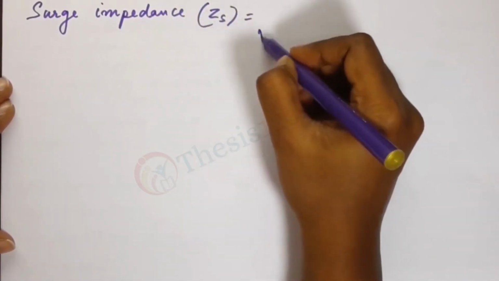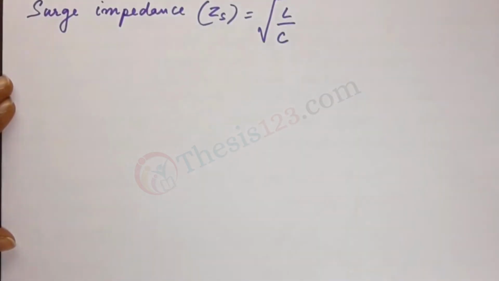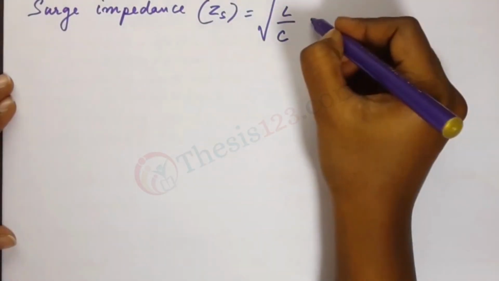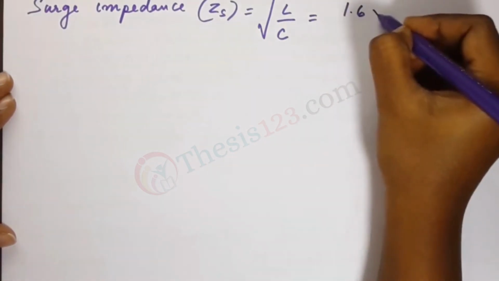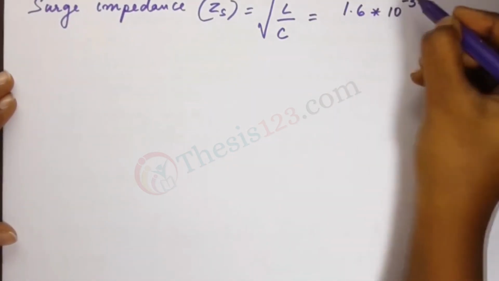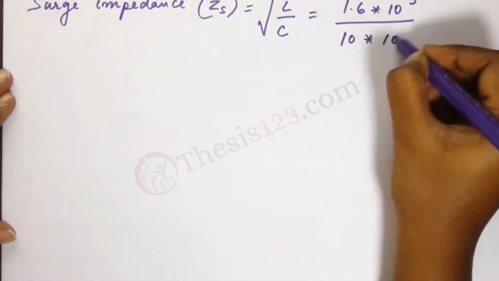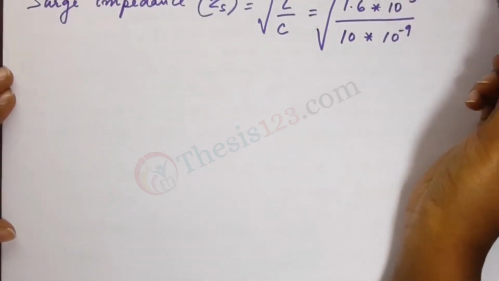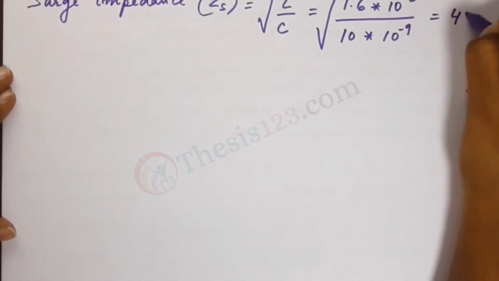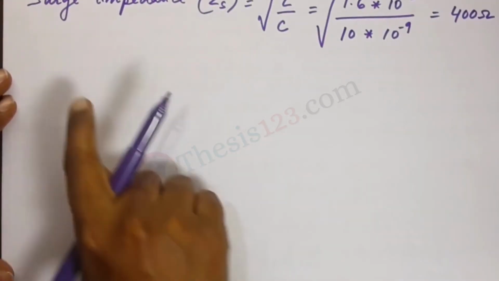ZS, the surge impedance, is given by root of L by C. Substituting the values, L is 1.6 × 10^-3 divided by capacitance 10 × 10^-9, square root of that, and this comes to around 400 ohms. Okay, so we have the surge impedance.